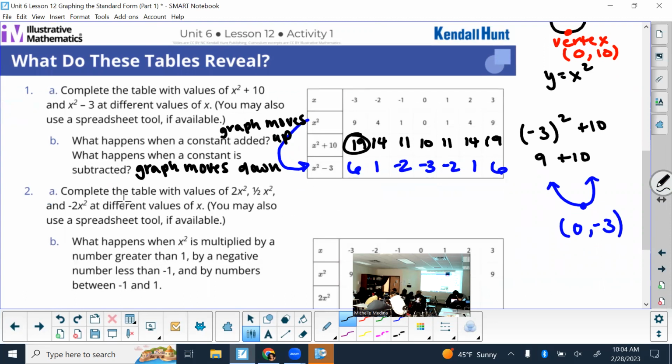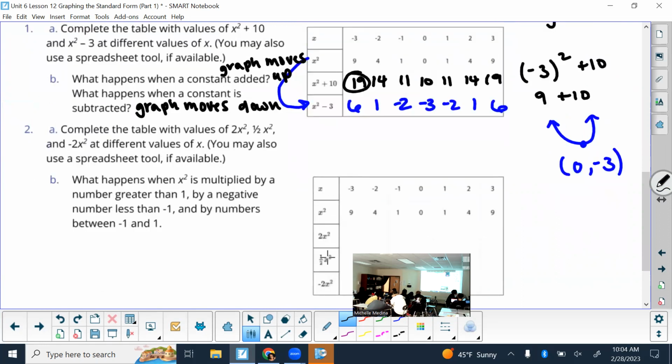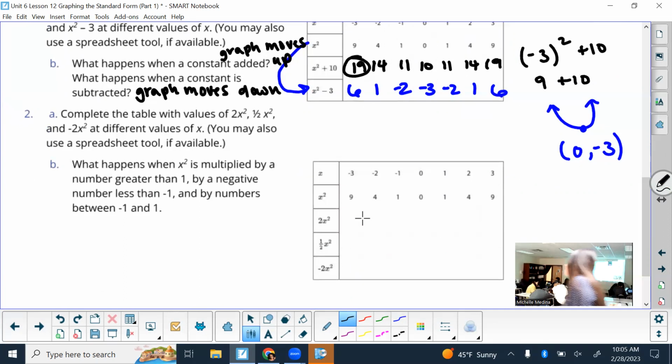Okay, so now we're going to see what happens when we multiply by a number greater than 1, by a negative, and by numbers like between 0 and 1. So let's see. I already asked you to do this, so hopefully you have this filled out. So table 7. We can start with Anthony.